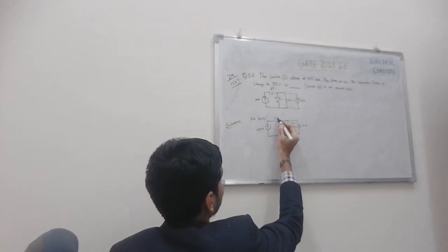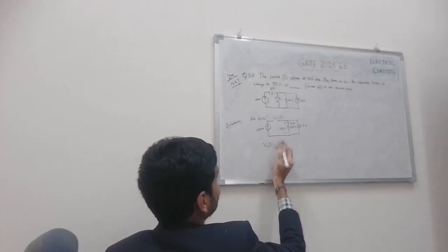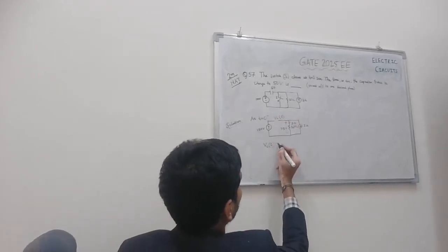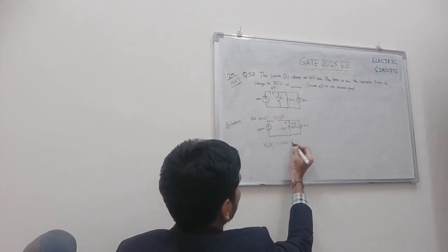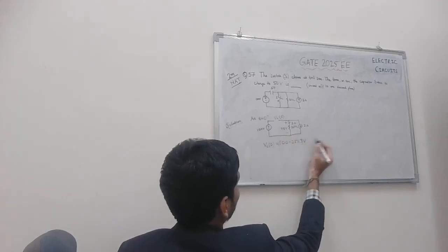The voltage of the capacitor can be found here: 100 minus 75, that is 25 volts.